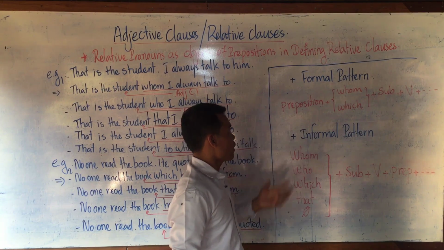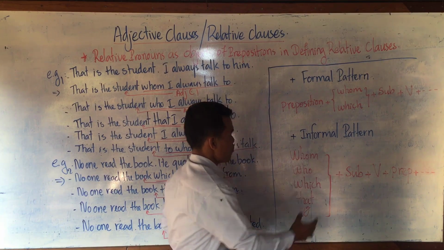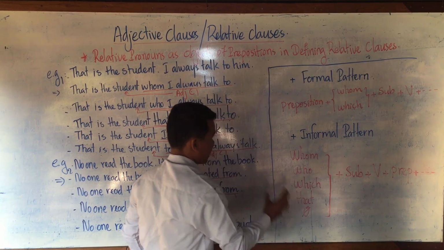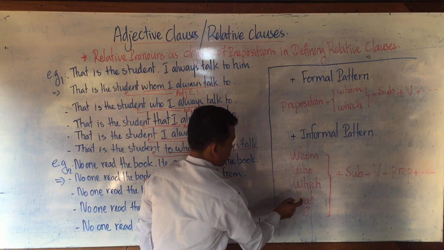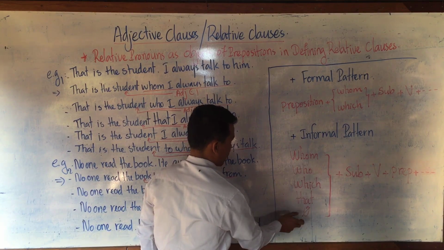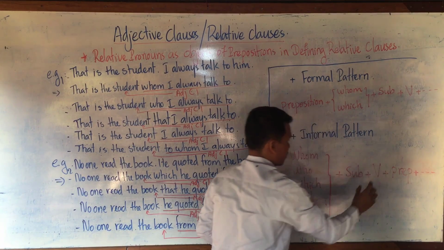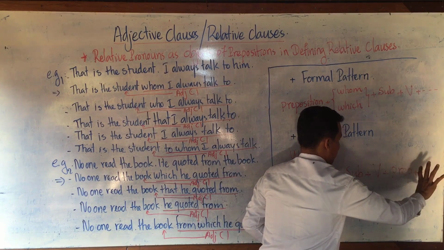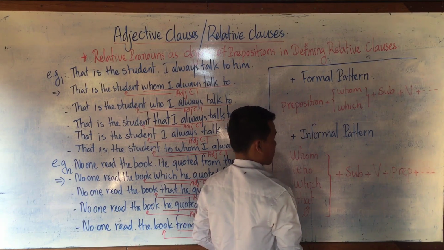But when you want to write it in an informal way or informal pattern, we can put the relative pronoun like this. For people we use whom, who, that, or nothing. For things we can use which, that, or nothing, plus subject plus verb plus preposition. So this time the preposition comes at the end of the sentence or clause.